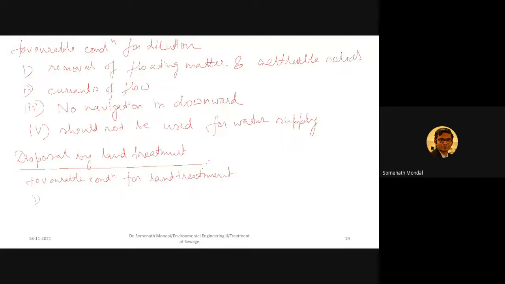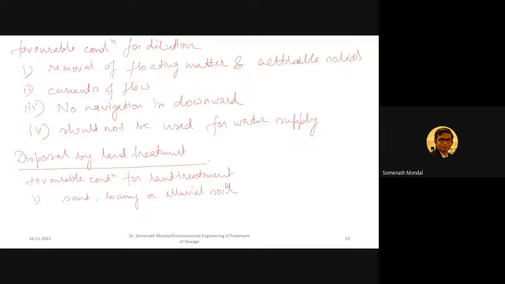The area of land treatment is composed of sand, loamy or alluvial soil. Why this kind of soil?